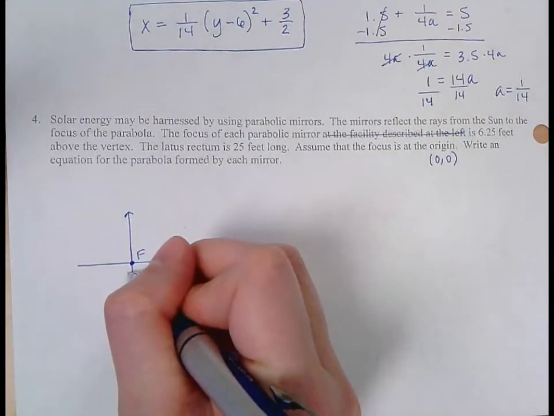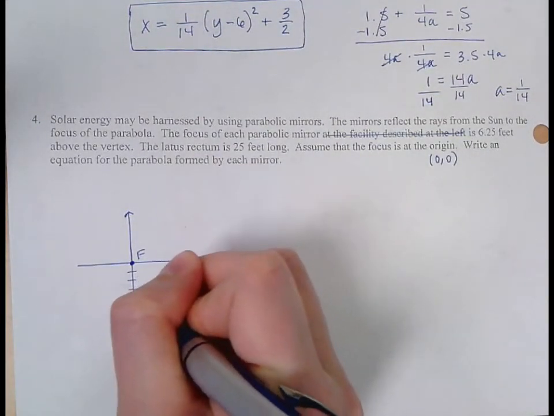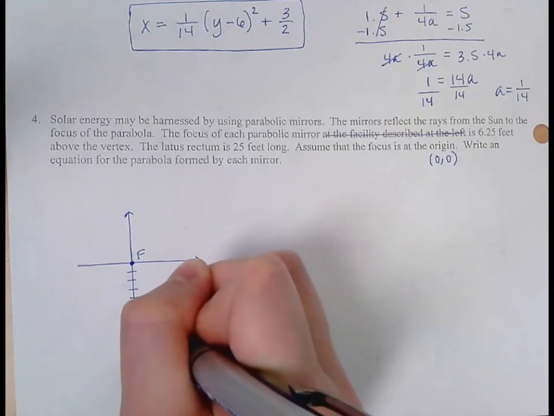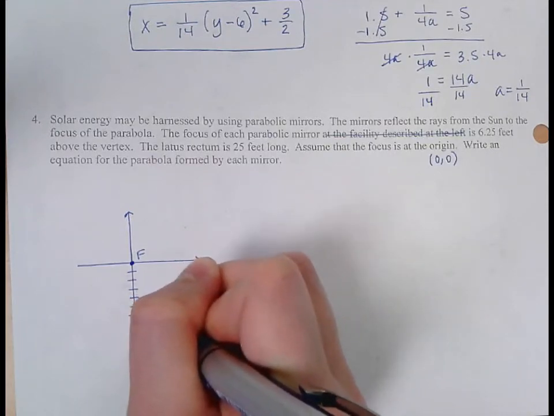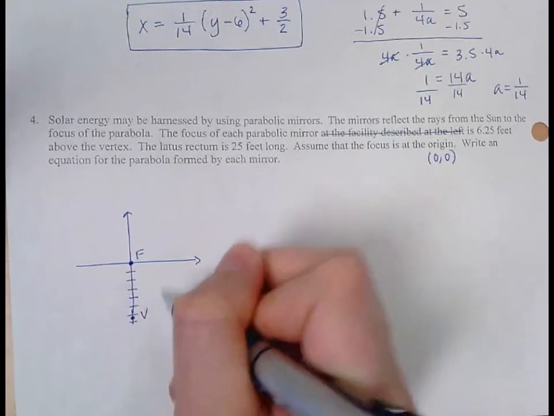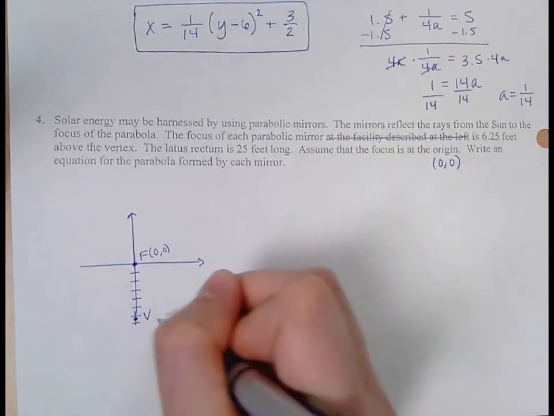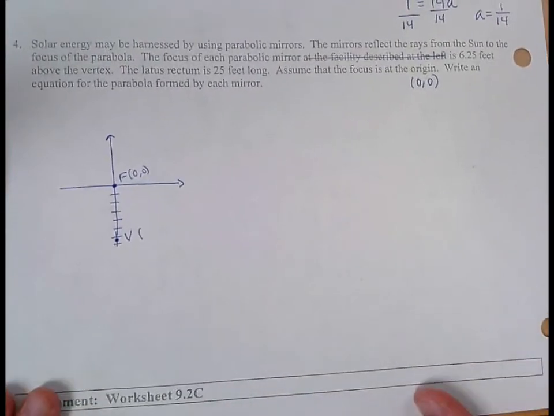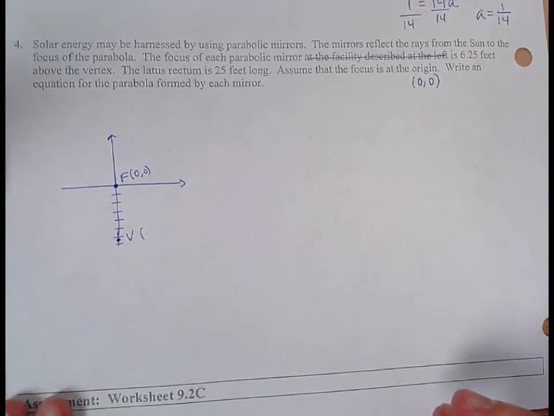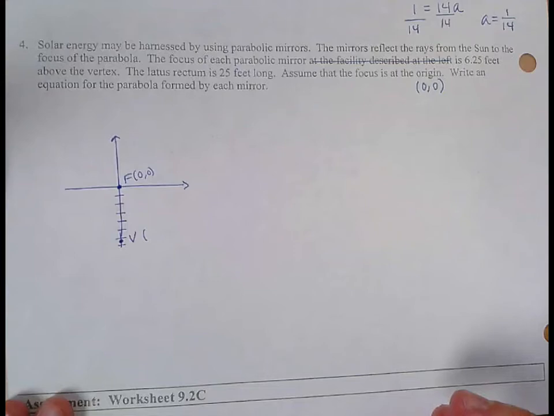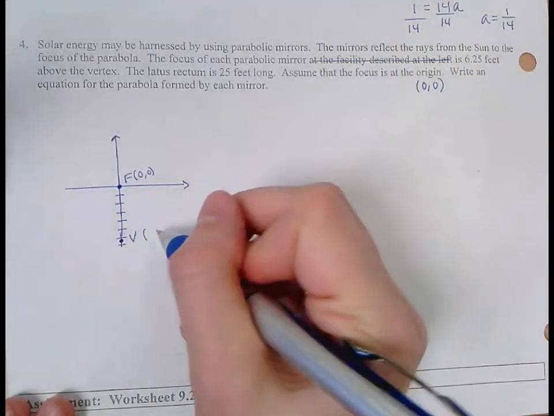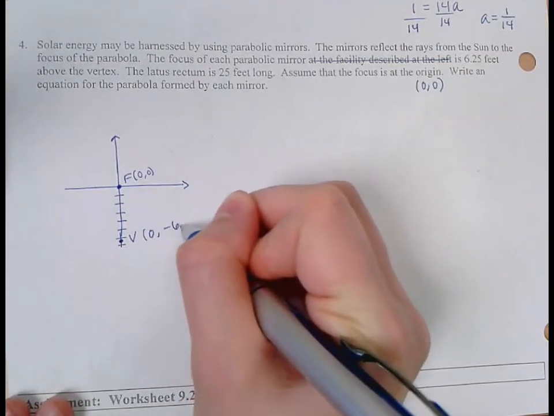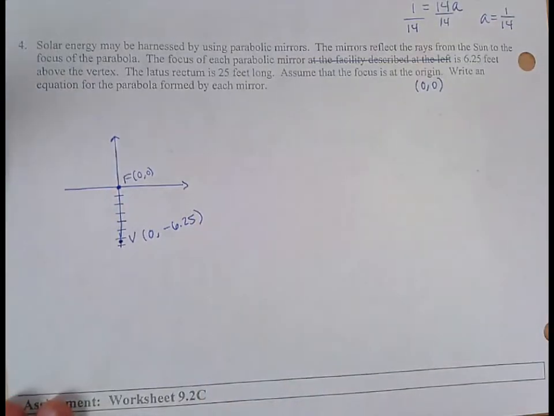So the vertex would be 6.25 feet below the focus, meaning the focus is at (0, 0). What would the coordinates of the vertex be then? Close. 0 would be the x-coordinate, negative 6.25 would be the y. Yes.